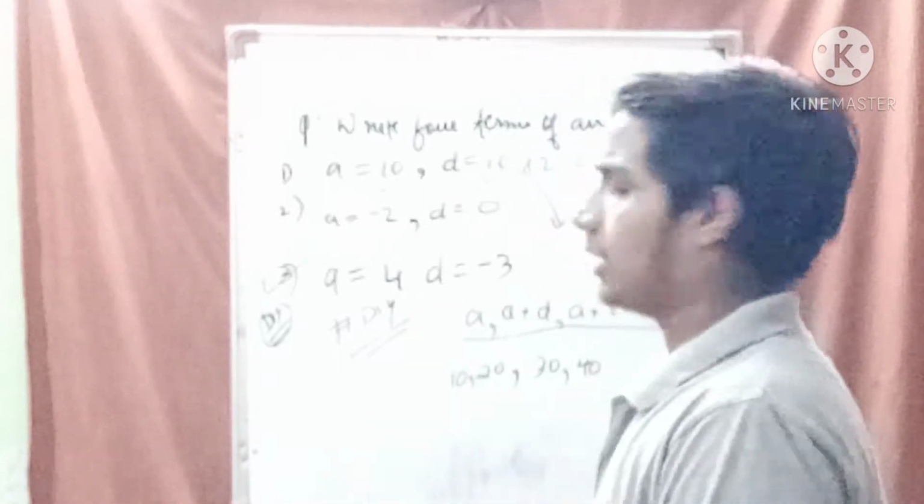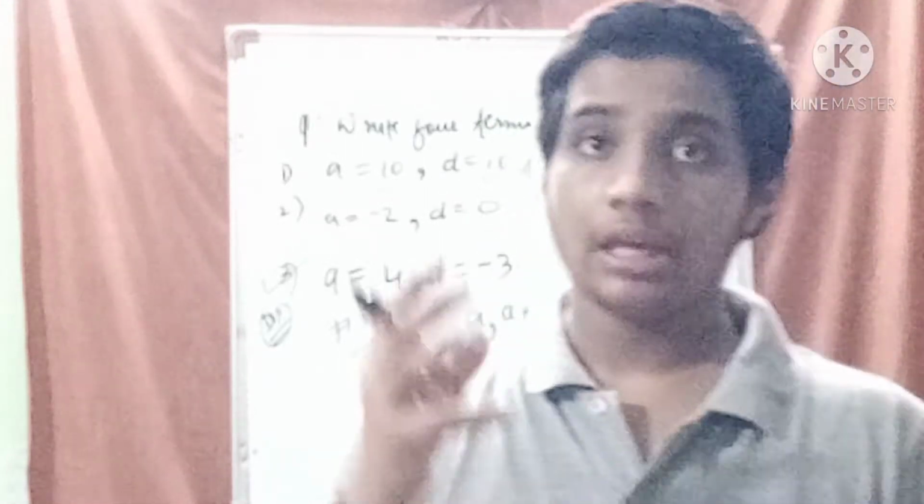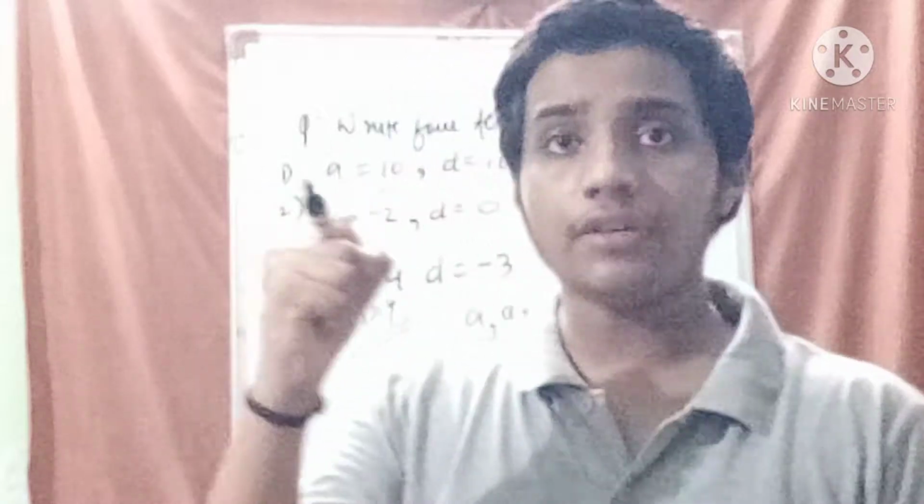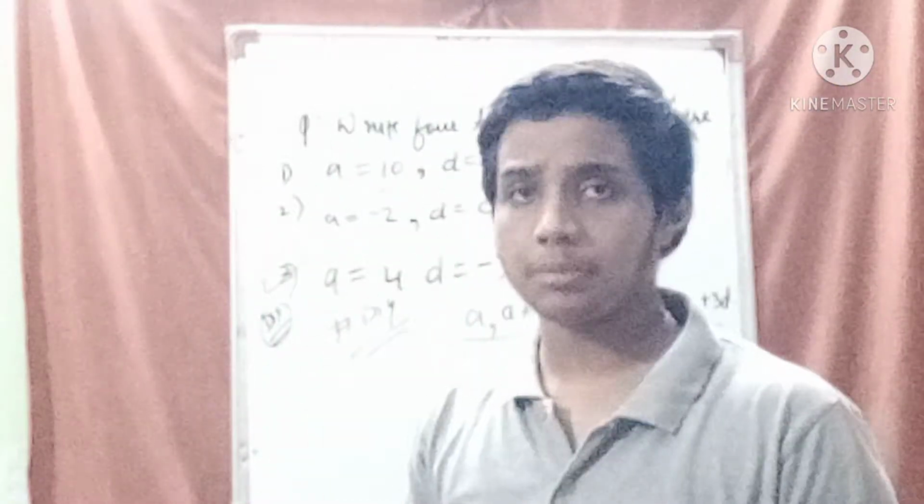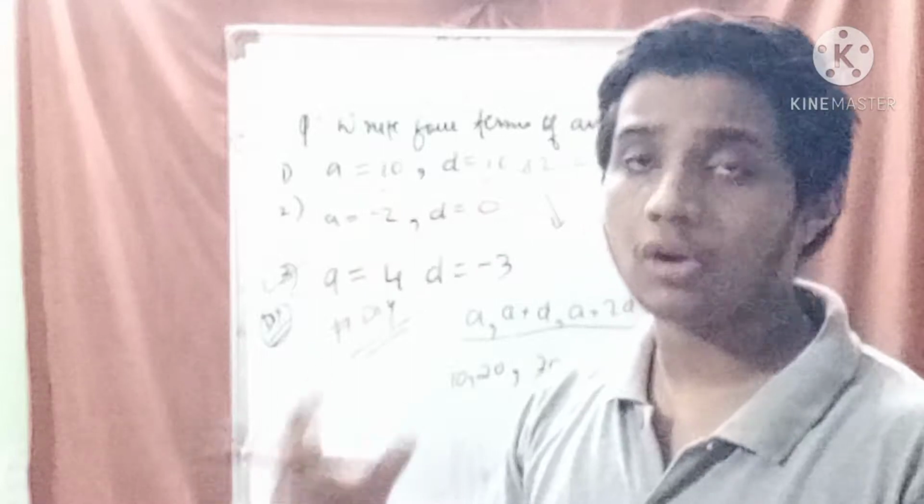The second one is an example to give the concept that in an AP, a fixed value should be added. It doesn't matter whether it is a negative number or a positive number.